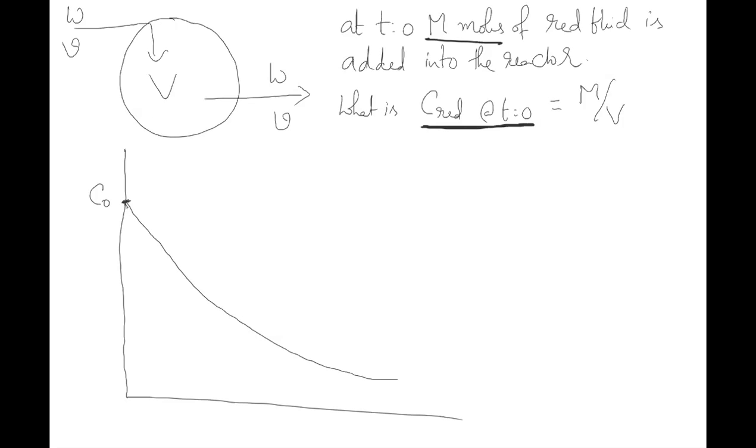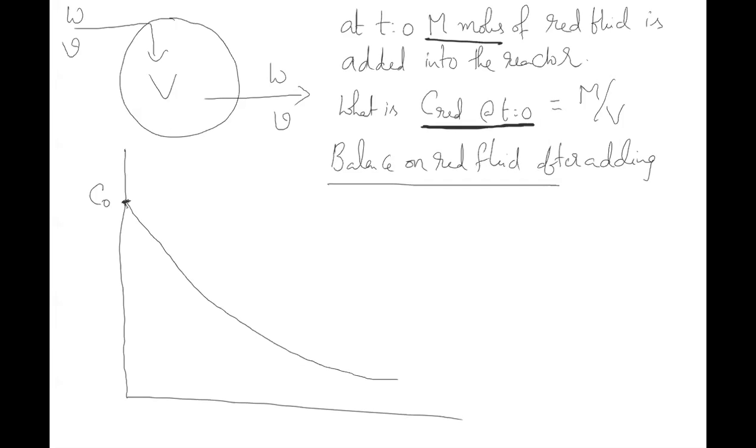Now we will write a balance on red fluid after adding. After you add, we will write a balance on red fluid. So that is red into the reactor is equal to red out plus red accumulation.